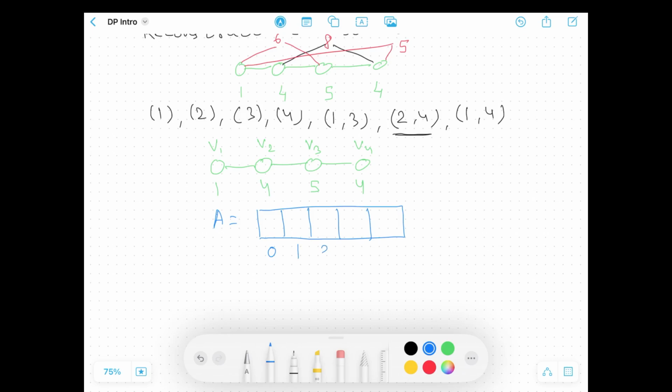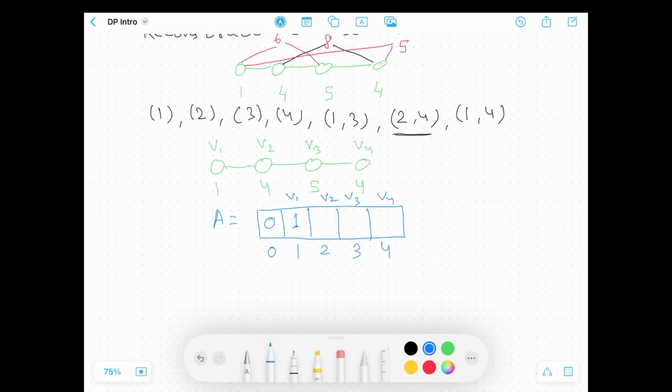So this is 0, 1, 2, 3, 4, which represents vertex 1, vertex 2, vertex 3, vertex 4. Now, in the 0th index, I am going to put a 0, and at the first vertex, I am going to put the value of vertex 1.